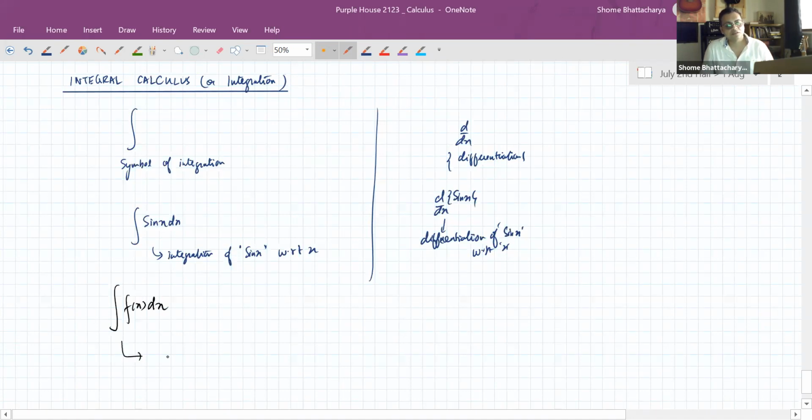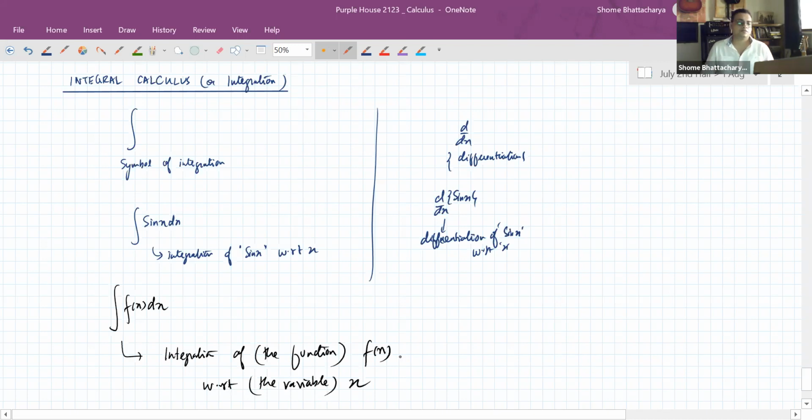So this statement means we are doing integration of the function f x with respect to the variable x. So just make a note of the symbol first.